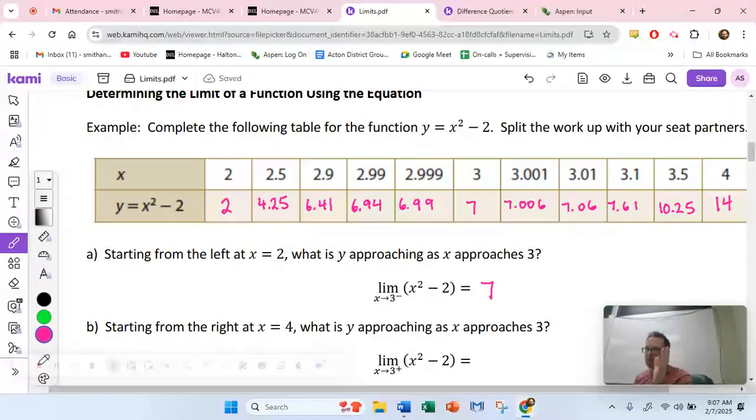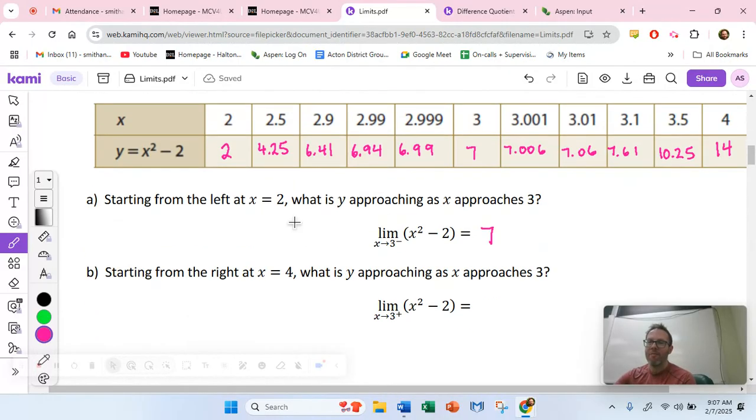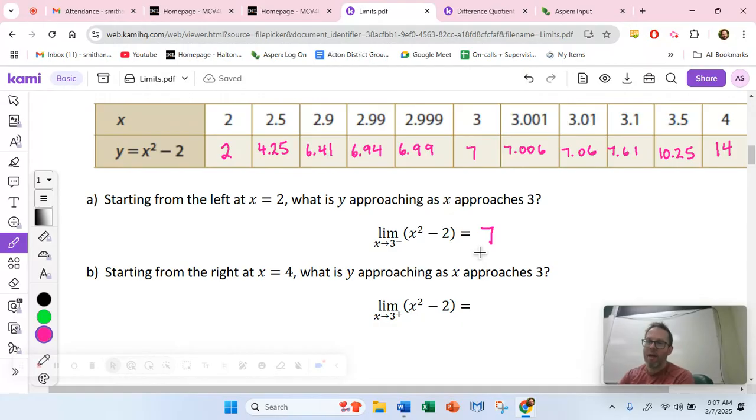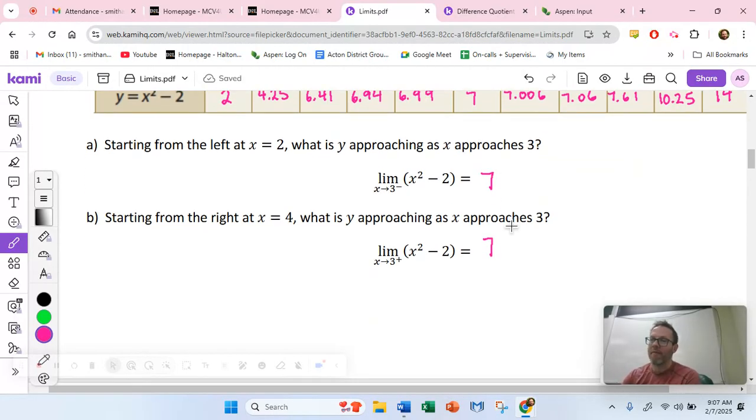Those values got close to 7. And the same thing happened from the right. As you approach 3 from the right, we got values that started at 14 and ticked down, and they got close to 7 as well. So these two limits have specific names.